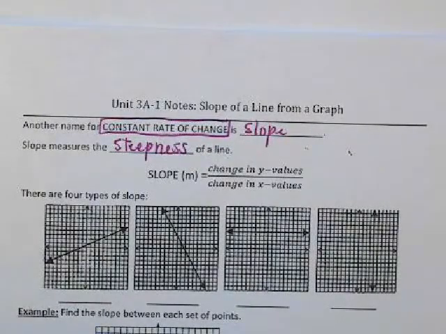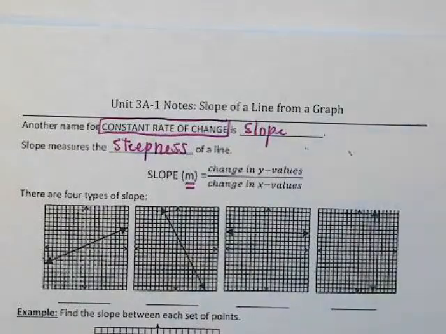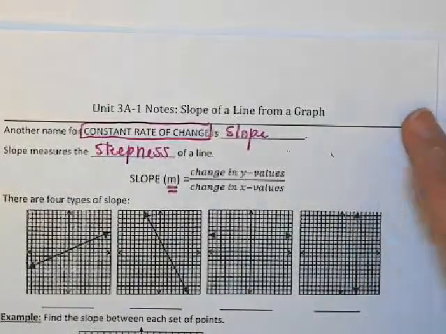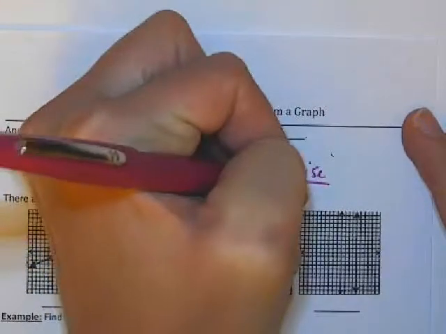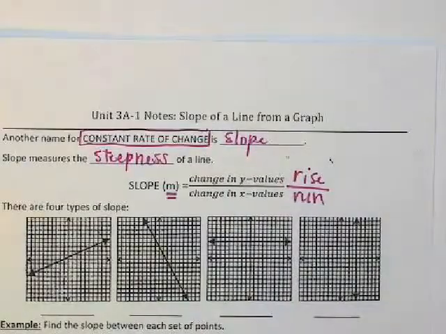The letter M stands for slope. This is important. It's your change in Y over your change in X, which is also known as rise over run. When you think of the word rise, which way does that go? Up.